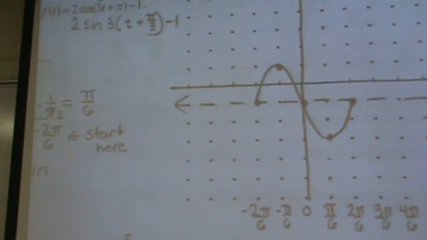Questions? How do you know that's a 2/3 period? How do I know? Well, how do we figure that out? Because I thought I did it to 4/6 because I did 2 pi over 3 and then multiplied it by 2. I thought it had to go by the same.